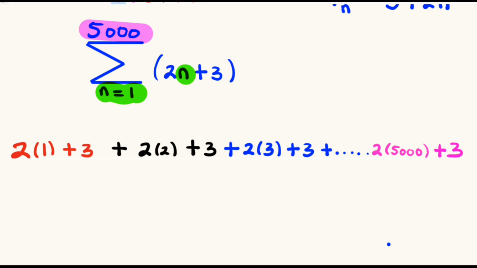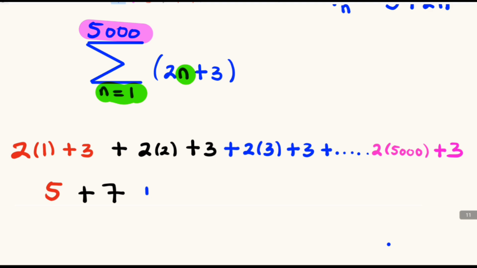So 2 multiplied by 1 will be 2, plus 3 will be equal to 5. So the first term is equal to 5. And for the second term, we have 2 multiplied by 2, which is 4. 4 plus 3 is equal to 7. So we have 7 as the second term.